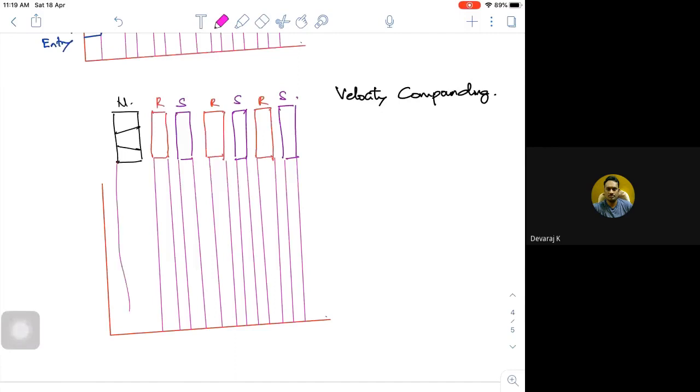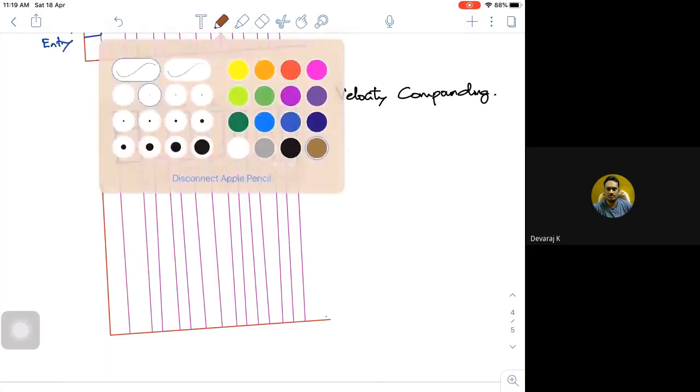A similar kind of arrangement, we do have a nozzle, a rotor, a stator. Fine. Now I have the pressure. So what will happen to your pressure actually?